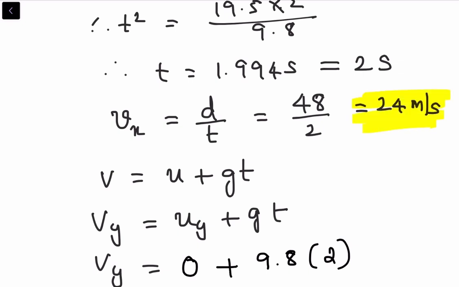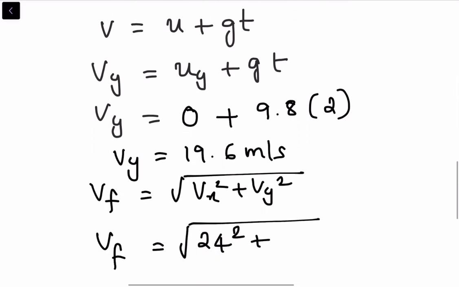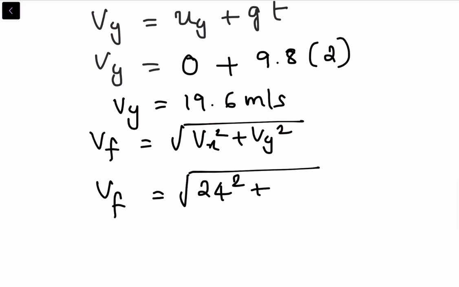Vx is not changing in the horizontal direction, therefore it remains the same, 24 meters per second, and Vy we got here, this is 19.6 meters per second.